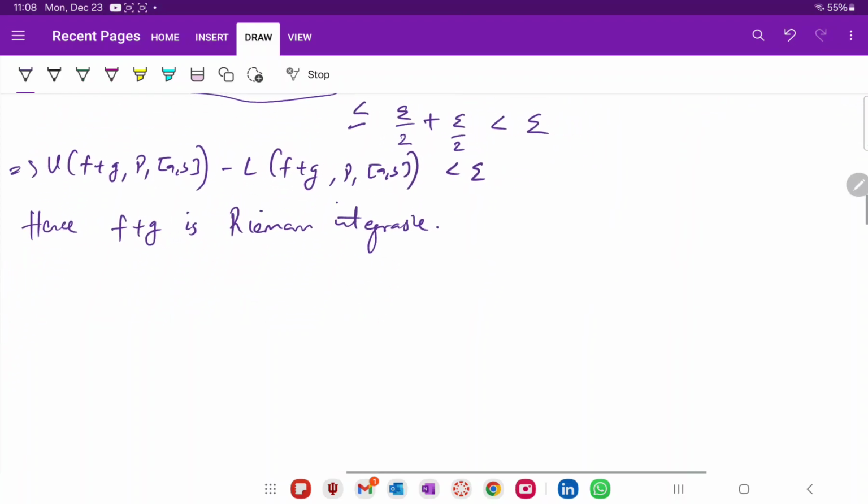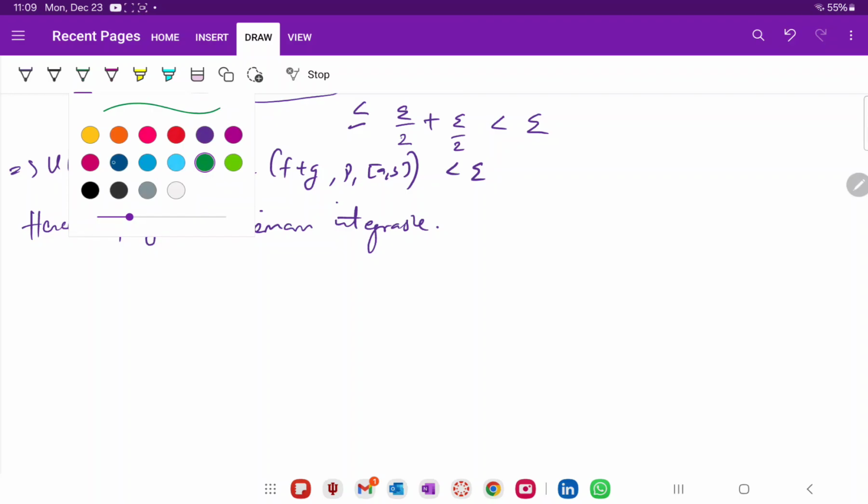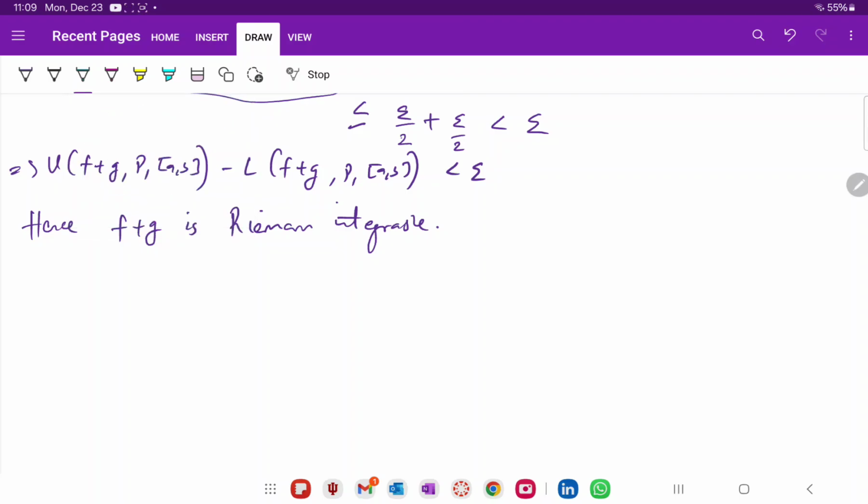So let's check the second. So now I want to show that the linearity holds.